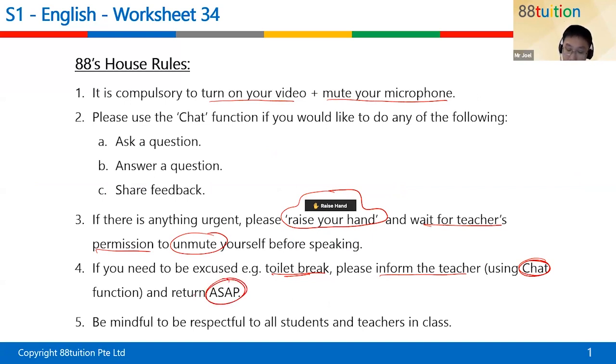Okay? And when you are away, please remember to leave your video on so that I know and can keep tabs about where you went to, right? If not, I have no idea whether you went to the toilet for like an hour or whatever. So always keep your video on. Use the chat function to ask questions, answer questions, and share feedback. And ultimately, remember to be respectful to your fellow students.